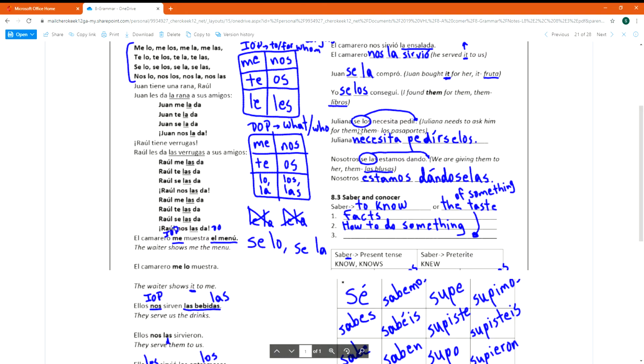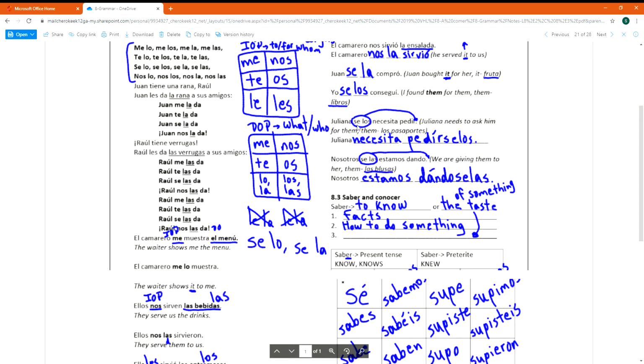Right? Then let's go ahead and look at what we were talking about when we have two verbs, okay? So, "Juliana se los necesita pedir." That's Juliana needs to ask him for them. And the thing refers to los pasaportes. So, I just chose to put the double object pronoun before the conjugated verb, which is necesita.